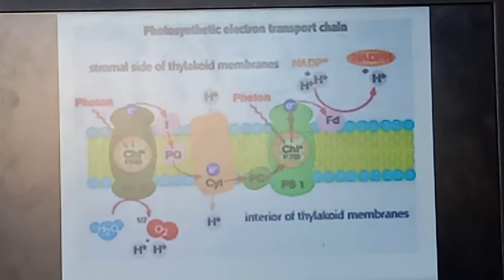The overall dark reaction can be represented as RuBP plus carbon dioxide, that is CO2, plus NADPH plus ATP forming RuBP plus glucose, that is C6H12O6, plus ADP plus NADP plus PO4, that is phosphate.